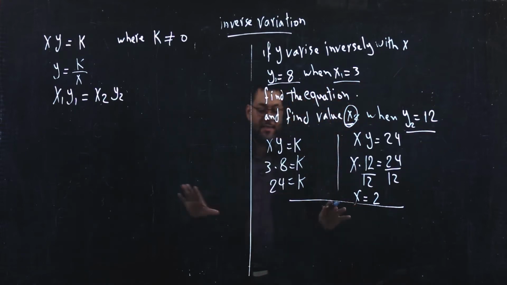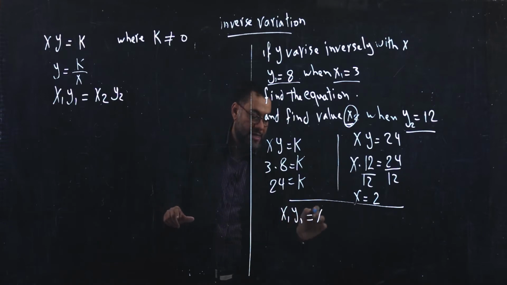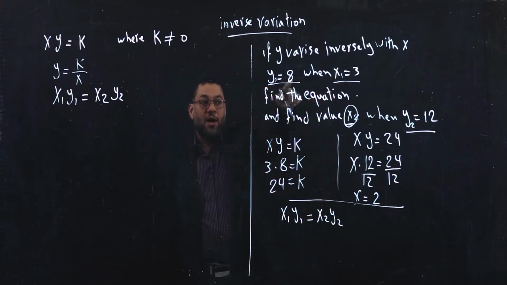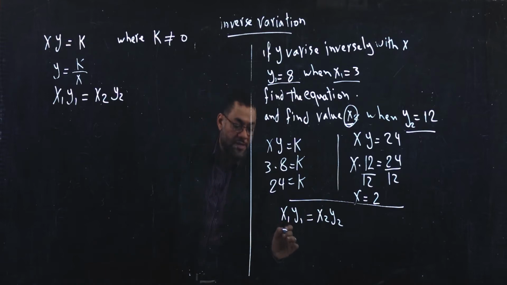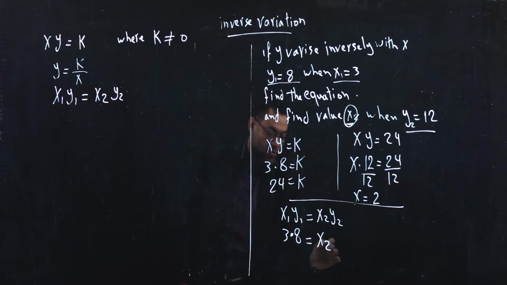So write the equation x1 y1 equals x2 y2. Is it clear? I think it's clear. So just substitute x1 equals 3 and y1 equals 8. So it will be 3 multiplied by 8 equals x2 multiplied by y2, which is equal to 12.